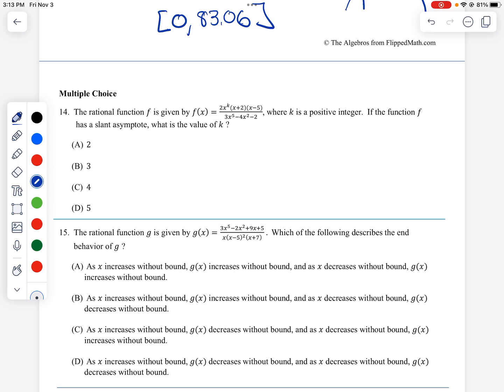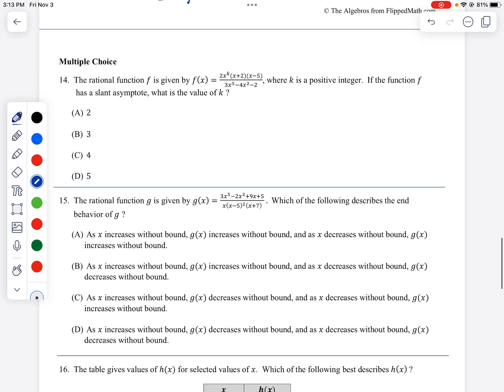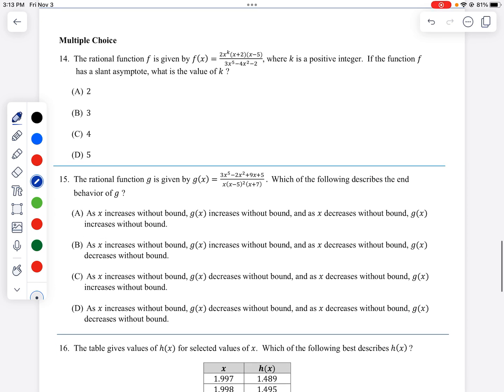All right, so a couple multiple choice ones here to end this. Or actually, there's a few more after that. The rational function is given by this, where k is a positive integer. If the function has a slant asymptote, what is the value of k? Well, to be a slant, the numerator has to be greater than the denominator by 1.